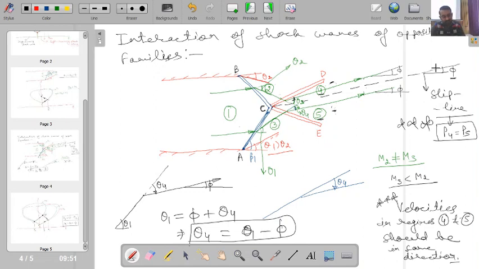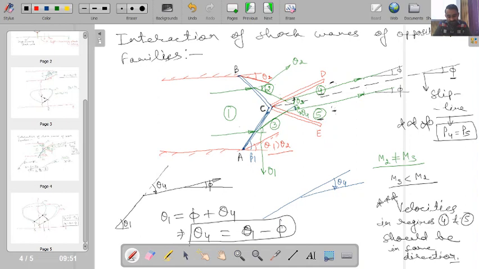So this is what we can see: if we have two incident shock waves of different families, then we will find refracted shock waves, and these lead to changes in flow directions and flow properties. The necessary condition is that we will always have a slip line, which represents discontinuity in some properties. Why some properties?